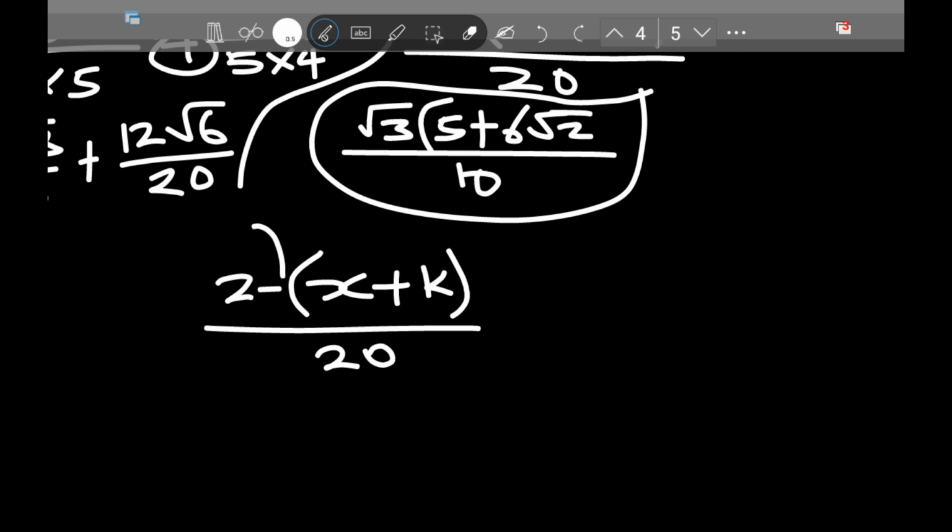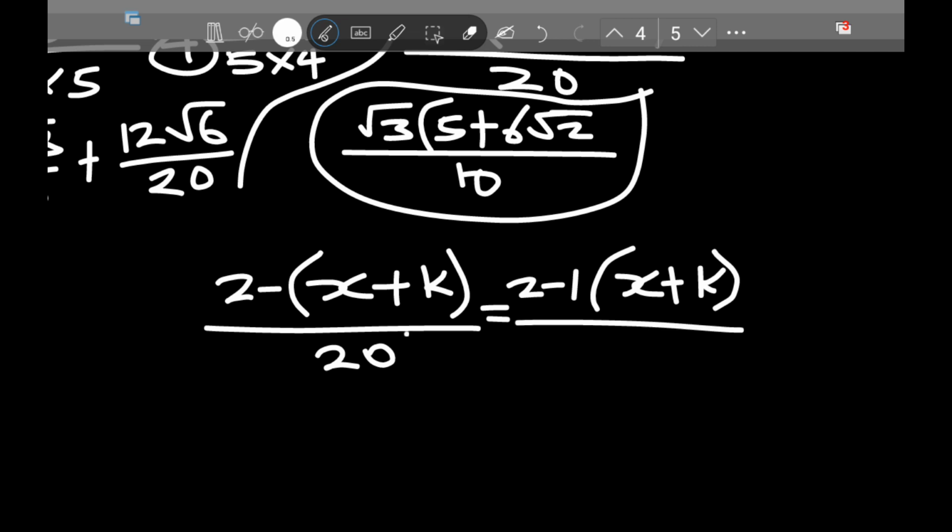There is a 1 that is multiplied to this bracket, which is the invisible one of this negative sign that is there. So you can simply write it clearly so that you can see it is 2 minus 1 bracket s plus k, close the bracket, over 20.